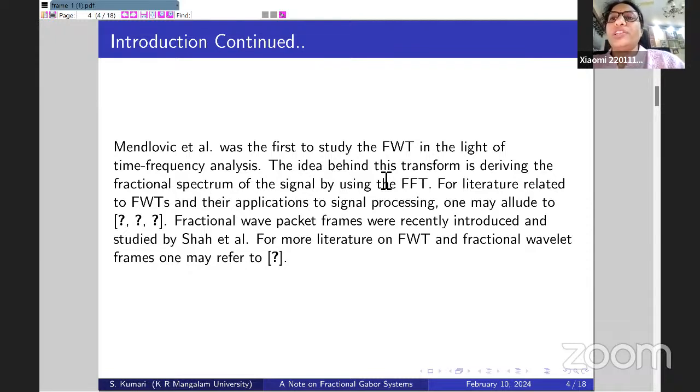For literature related to FWT and its applications, sir, there is a mistake from my side.